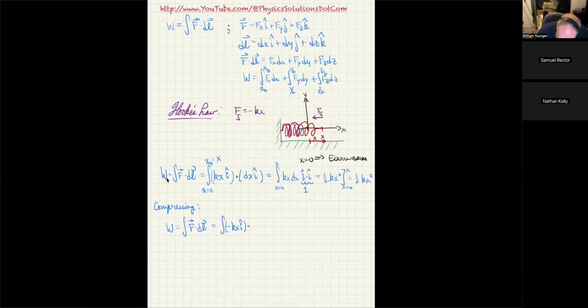But by showing the limits of integration, what I'm going to do is say that the dl has to be in the positive coordinate direction, which is dx I hat, and then I'm going to integrate this from x equals 0 to x equals negative x. Okay, so now instead of stretching at a distance positive x, I'm compressing at a distance negative x.